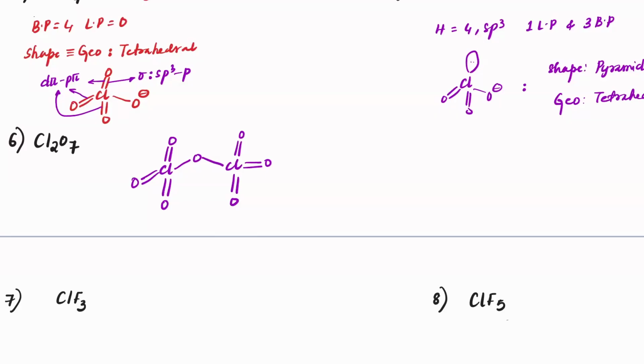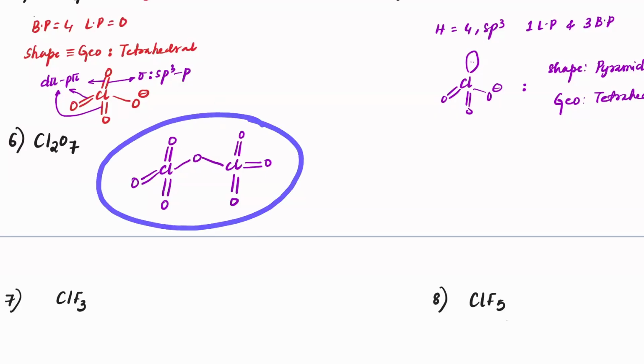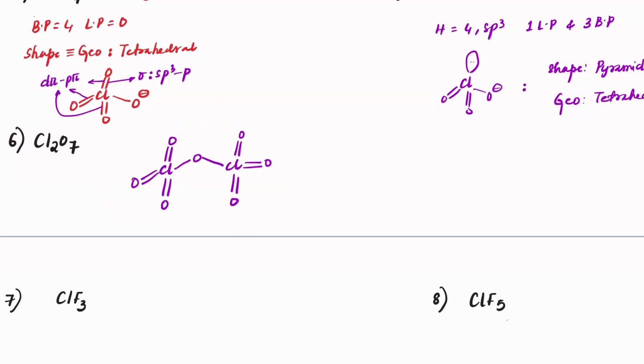Look carefully. Notice with the chlorine, how many bonds are around it? Count it. 2, 4, 6, 7. Total 7. Since there are 7 bonds, all the 7 electrons of chlorine are involved here.